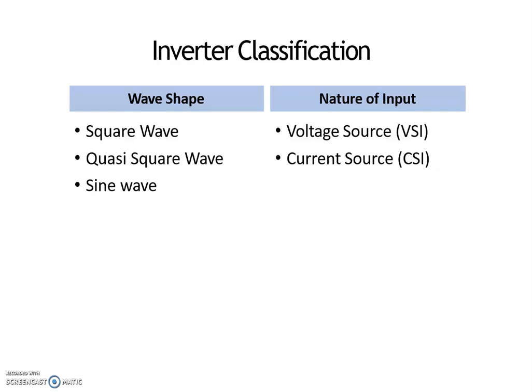But if we incorporate a GTO, a gate turn off switch, as controlled switch, the inverter circuit requires a negative gate current pulse to turn off the controlled switches.